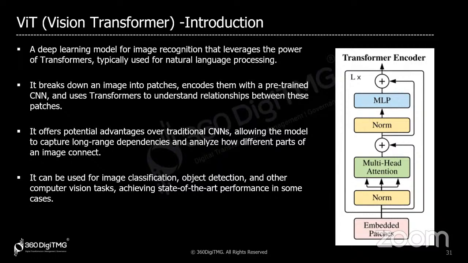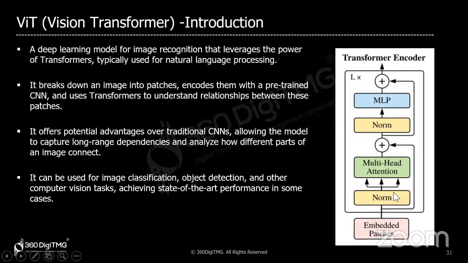It offers potential advantages over traditional CNNs, allowing the model to capture long-range dependencies and analyze how different parts of the image connect with each other. So this is all about transformer encoders. Looking at the architecture, it first embeds the image patches into a numerical format.